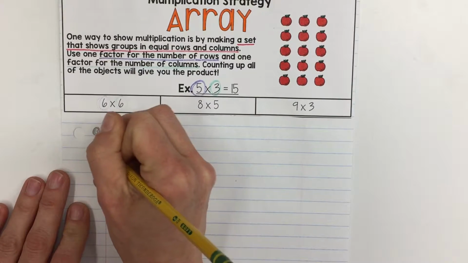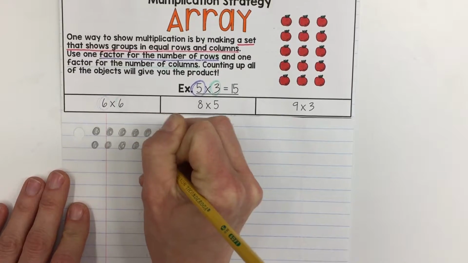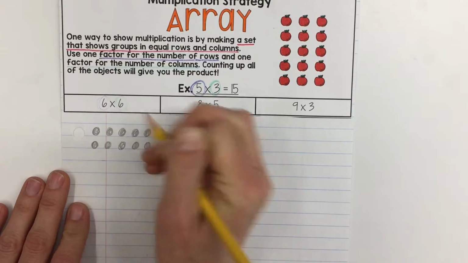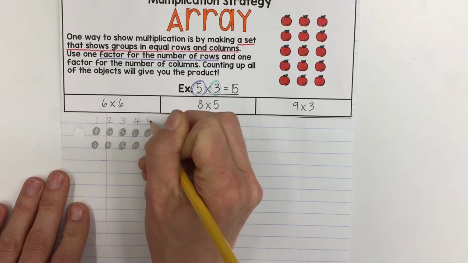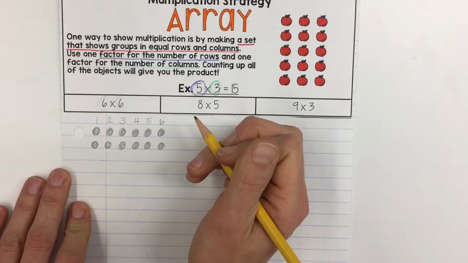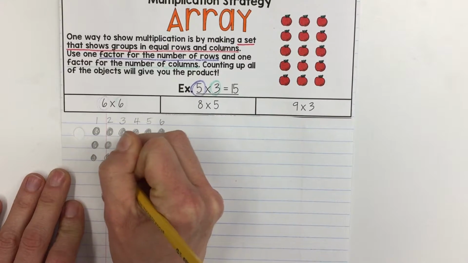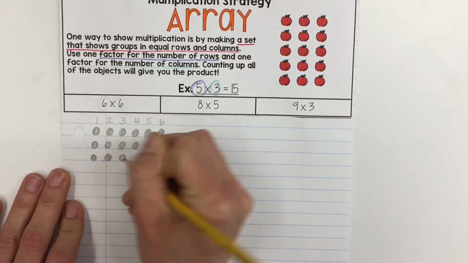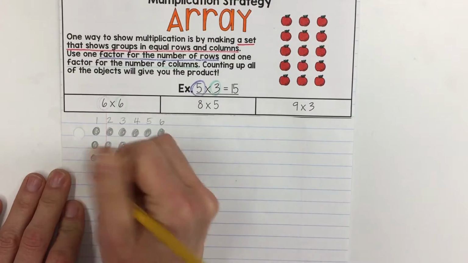So here's a second row of 6. I'll go ahead and label that 1, 2, 3, 4, 5, 6. And I need to make a third row. Here I've just talked about saving time, and I'm making these scribbly circles that are taking forever.